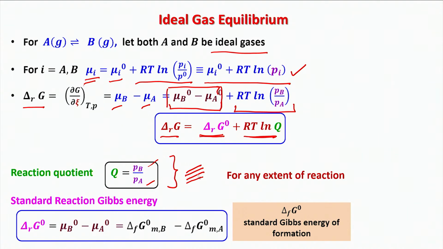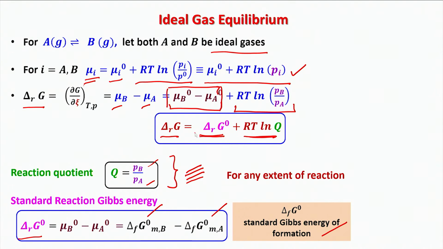You would say, use the standard tables, find out the standard Gibbs energy of formation of your reactant A and product B. Use them to find out the standard reaction Gibbs energy for the given chemical reaction.